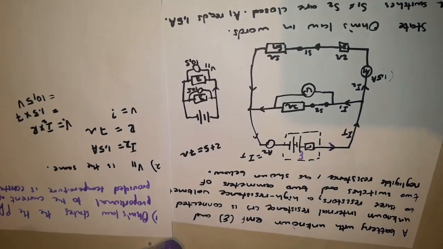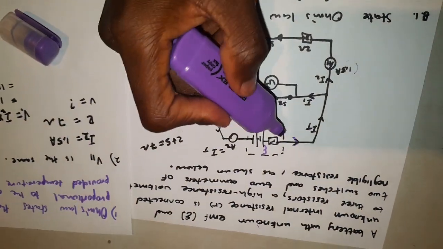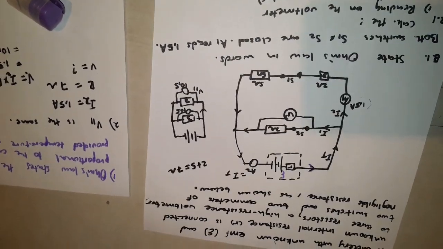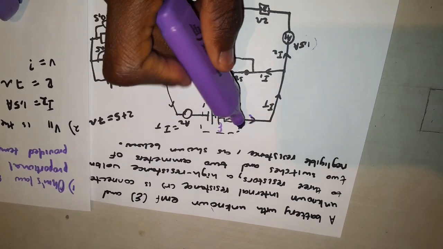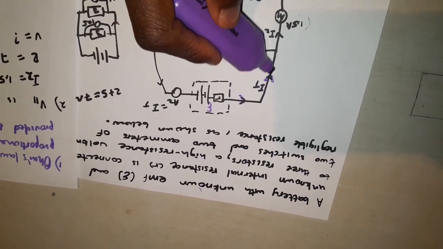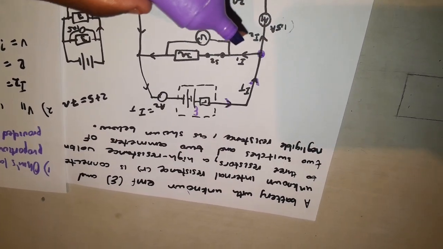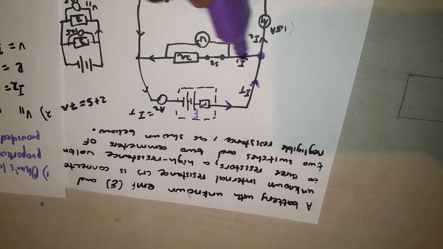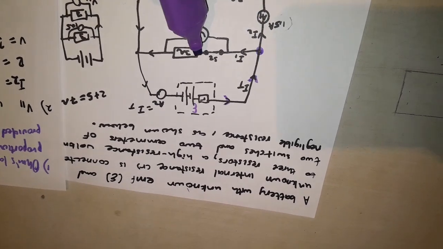So now remember that the current comes out from inside the battery, which is the total current. When it reaches here, there's a node. Then it will branch out. Some of it will go with this route and some with this route.